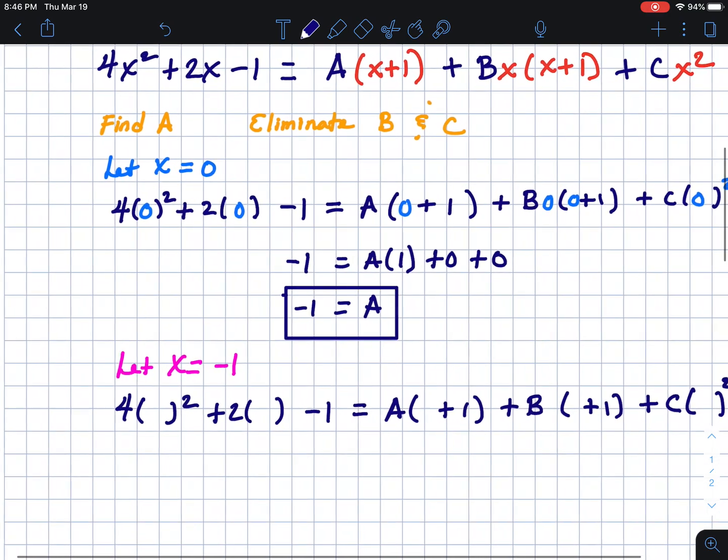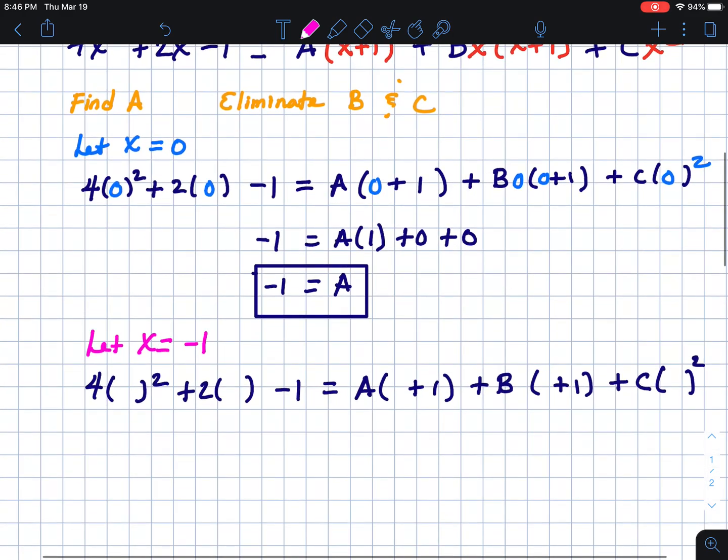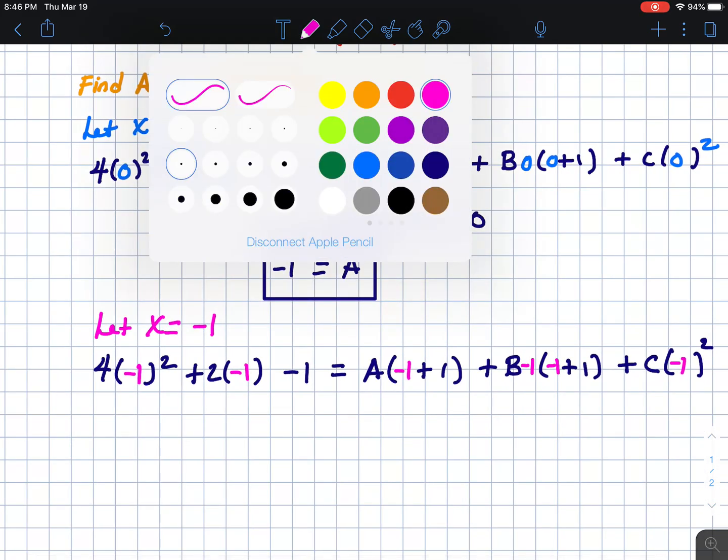Okay, so we're going to plug in -1 in there. So we've got -1 here, -1 here, -1, -1, -1, -1.